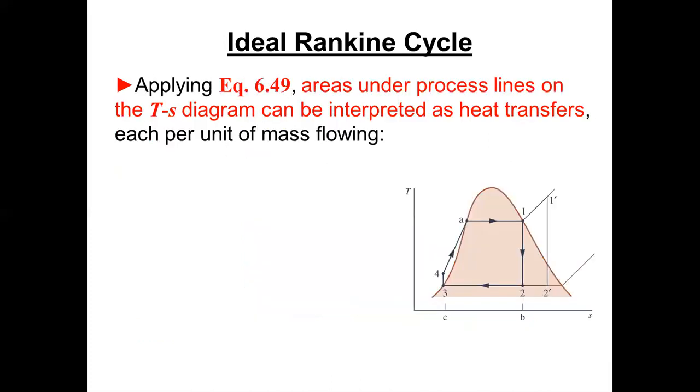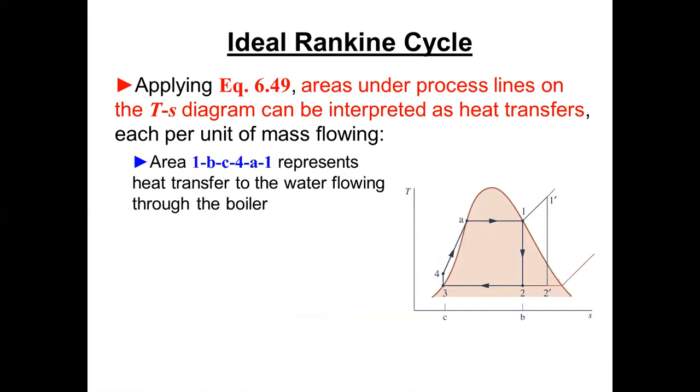Areas under process lines on a T-S diagram can be interpreted as heat transfers, each per unit mass of flow rate. Area 1, B, C, 4, A, 1 represents heat transfer to the water flowing through the boiler.